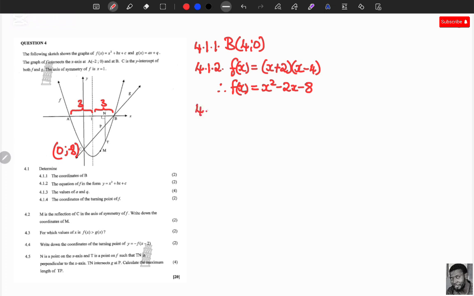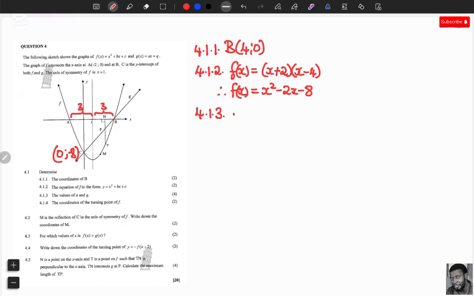Let's move on to 4.1.3, where we are asked to find the values of a and q. So q, straight away, q is -8, because the two graphs share the same y-intercept, which is -8. We're going to write g of x equals ax minus 8.